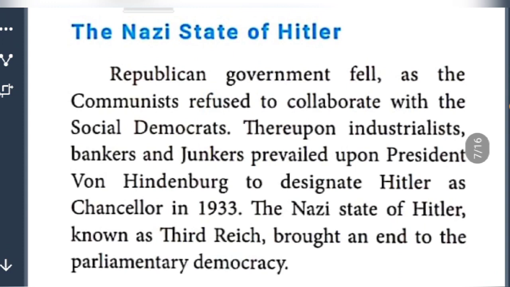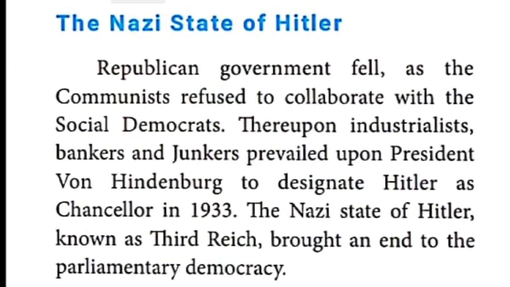The next, what is given, the Nazi state of Hitler. In that para, what is given? Here, the Communist Party. First we have to read this, then only we will know the sentence is correct. So, the Communist Party refused to collaborate. What does collaboration mean? In the sense, joining.